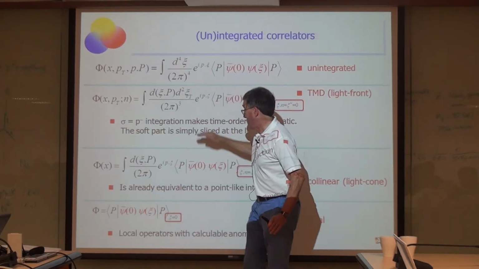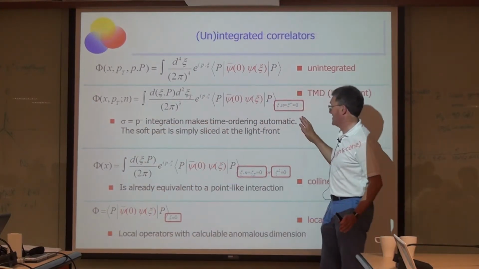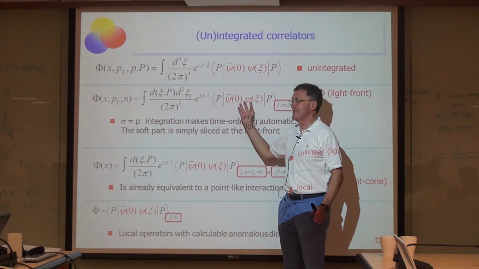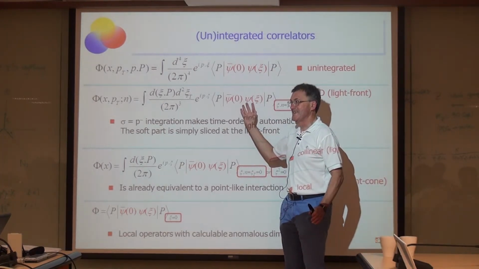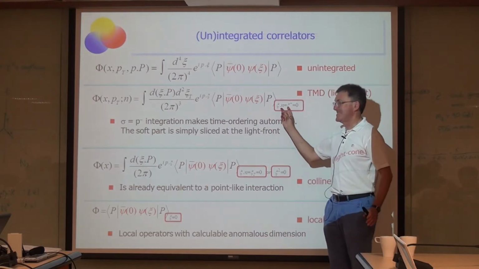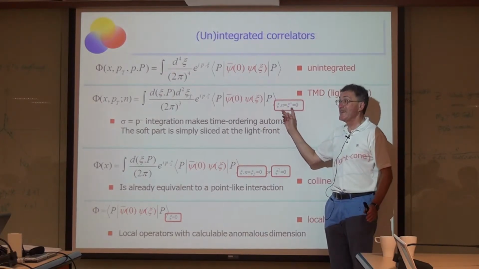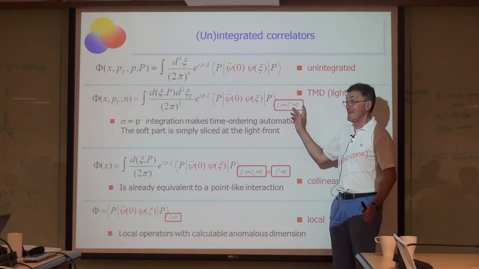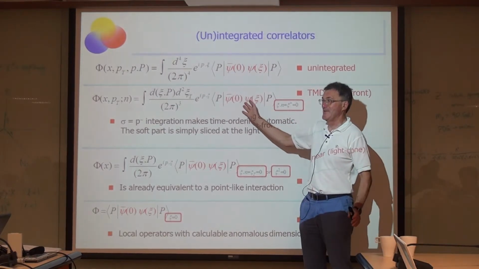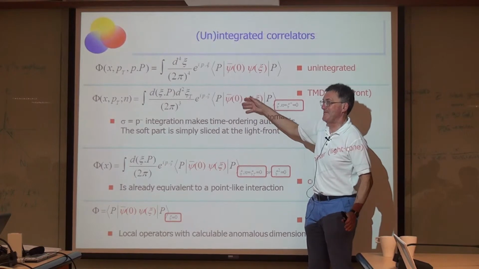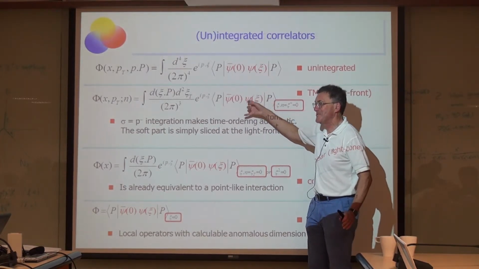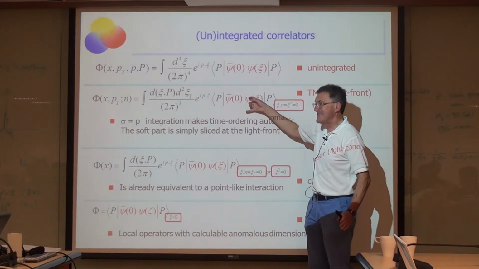TMDs. But you might say, yeah, in any scattering process, what about time ordering? Now, this is a particular way of defining time. This is at time equals 0. And so time ordering is no longer important already at this level. And this is used in PDFs, this is used in TMDs.